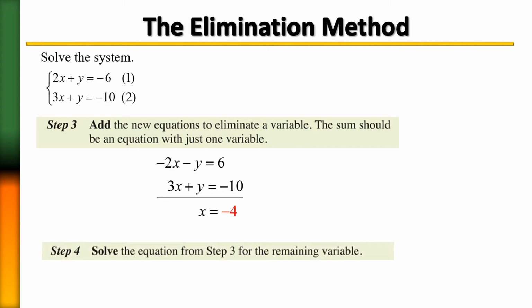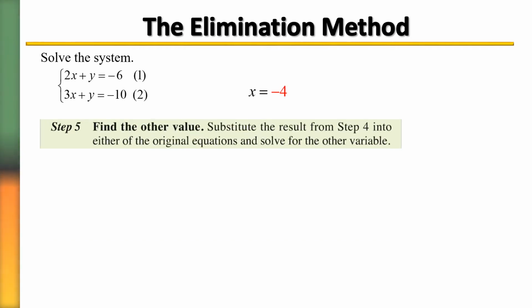Now the next step is we're going to take that x of -4 and plug it into either of the original equations so that we can find out what our y value is. Now let's plug -4 for x into either of the equations to determine the value for y.